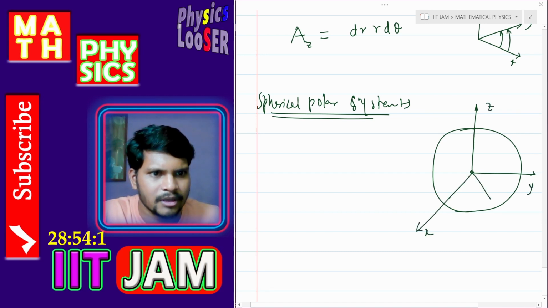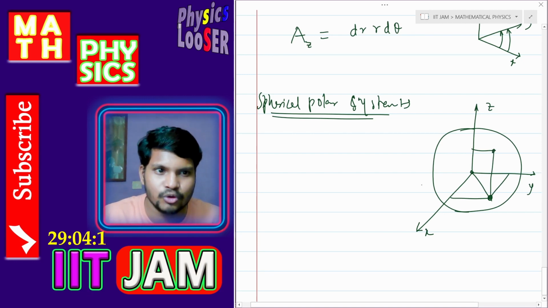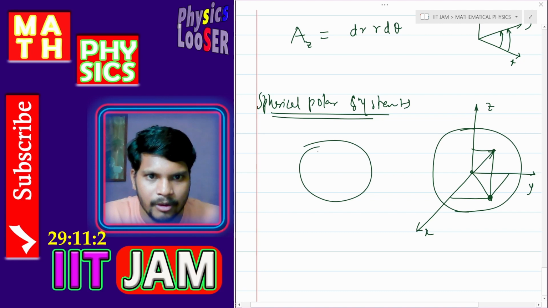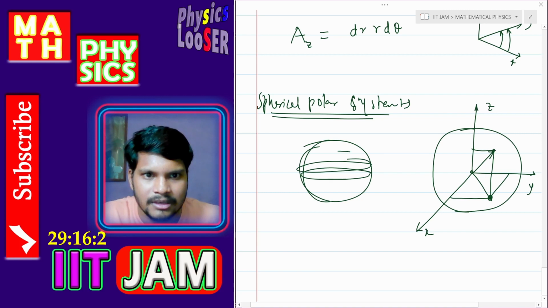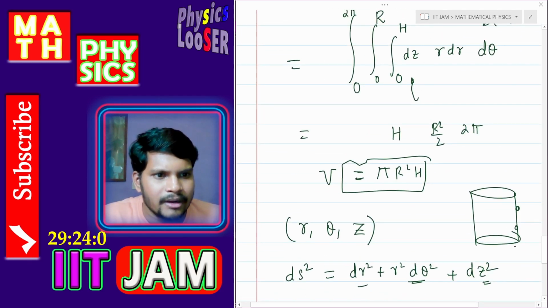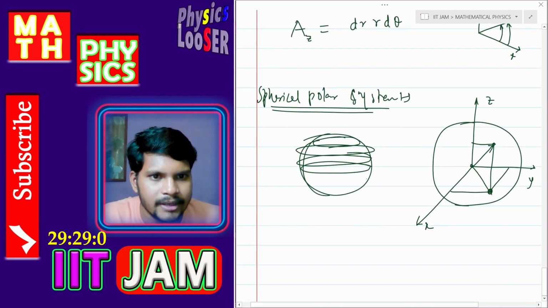In the cylinder, there is a circle, and when you look at the sphere you can make these circles, but these circles have a varying radius. Unlike the cylinder, which is made up of piles of circles with a fixed radius, over here the radius is not fixed.